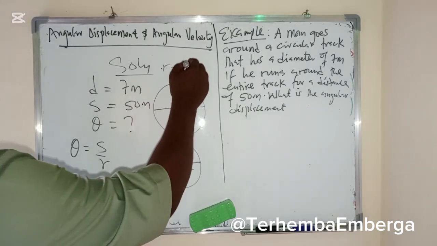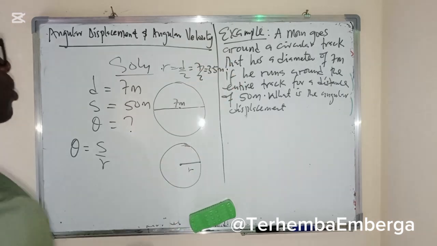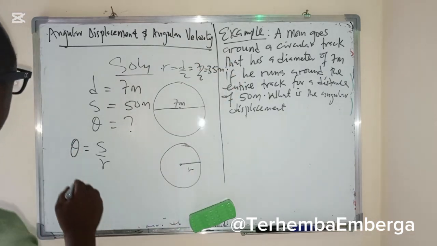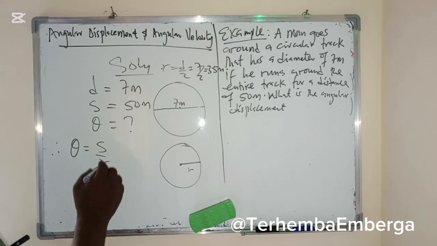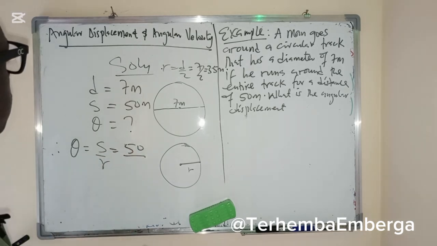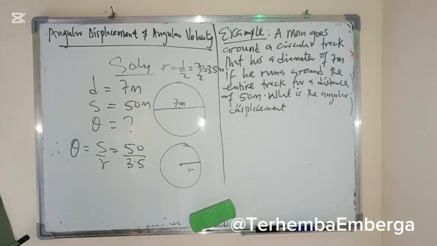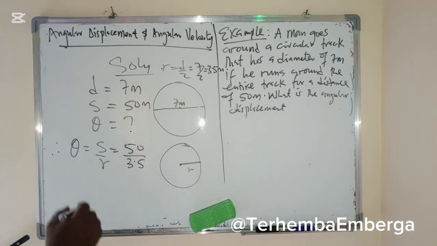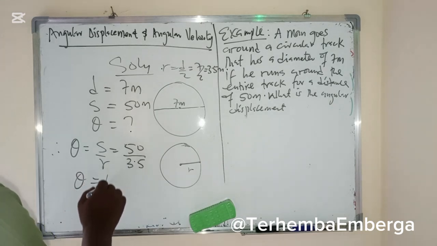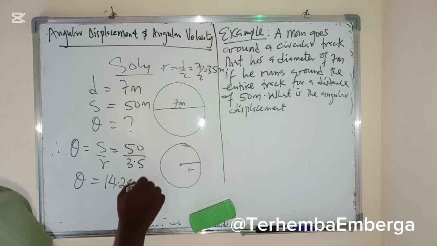So in this case, we have 7 all over 2, which is 3.5 meters. That is the radius. So therefore, theta is equal to 50 all over 3.5. By the time you work that out, you have theta equal to 14.28 radians.